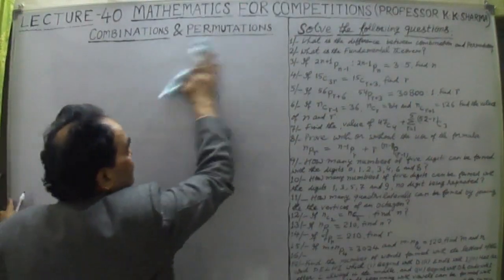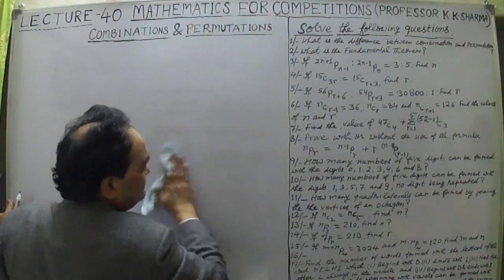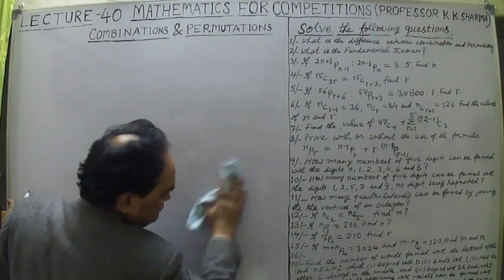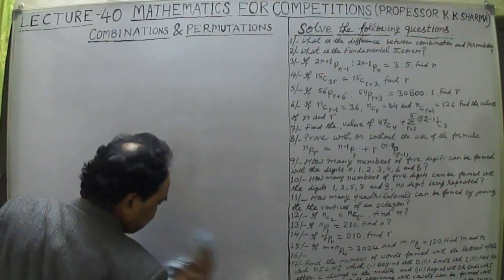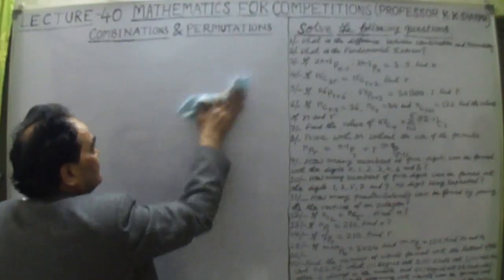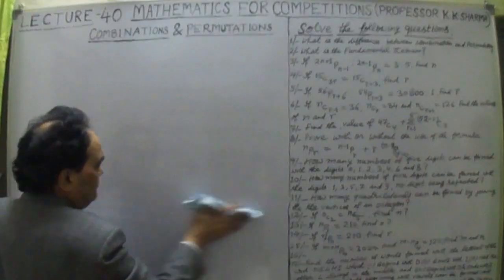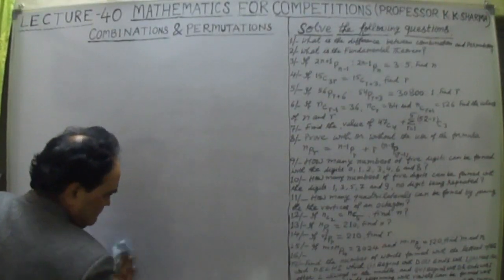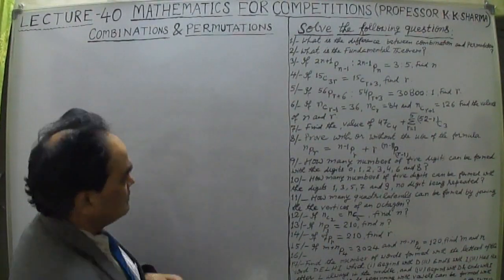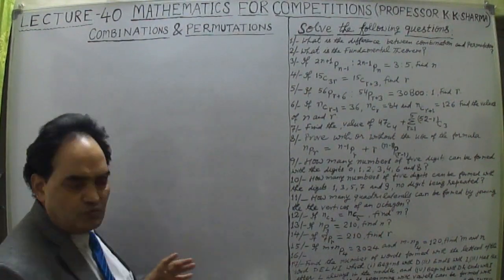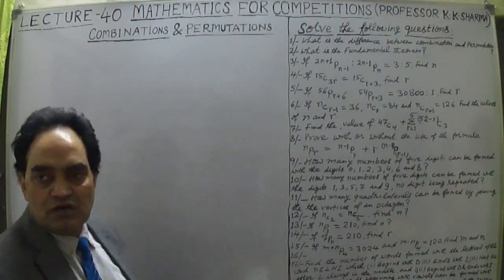There is a relationship between combination and permutation also. The formulas of combination and permutation are related to each other. How?